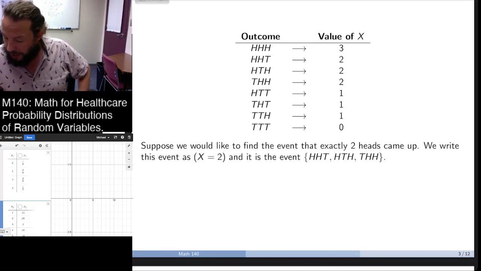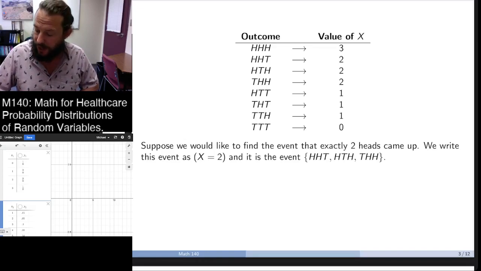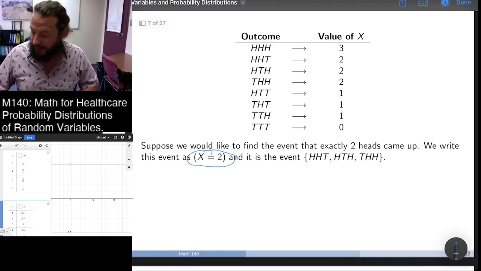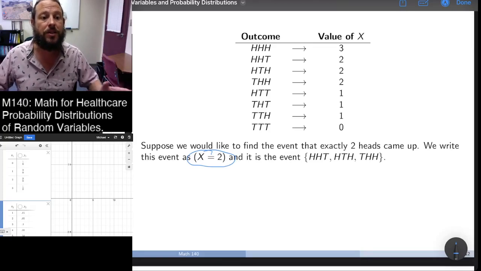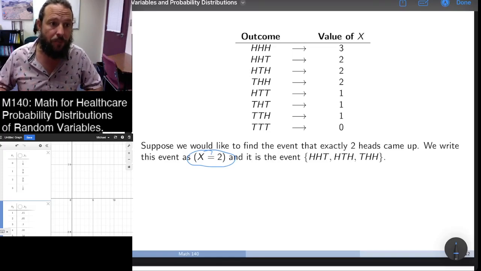All right, so here, the event that exactly 2 heads come up, we write that event as x equal to 2. That is the same thing as writing these curly brackets, HHT, HTH, THH, right? Those are events. They are the same thing. So when a random variable takes on a value, it represents an event.